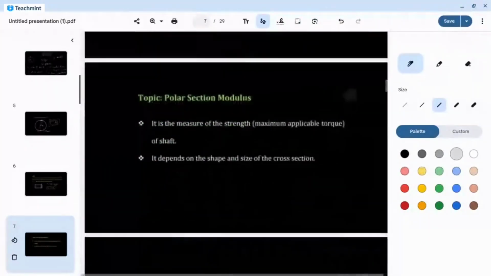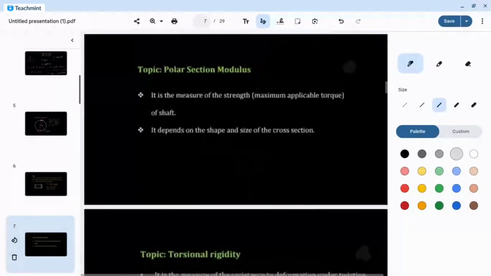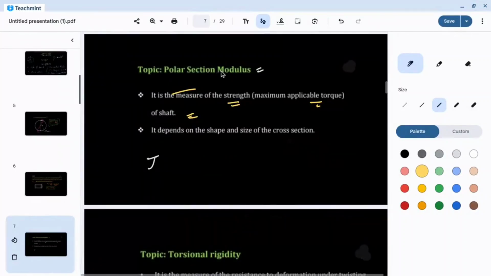The polar section modulus, Z. It is a measure of the strength, the maximum applicable torque of the shaft.